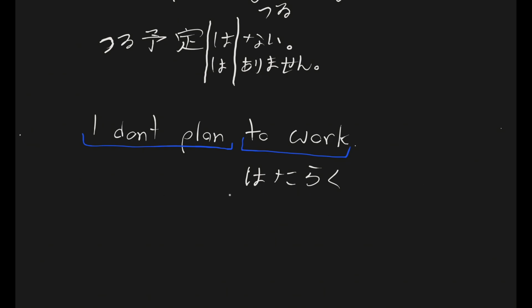So let us translate this. If you didn't pause and you want to have a little more practice, try to form the sentence. So we are going to start.